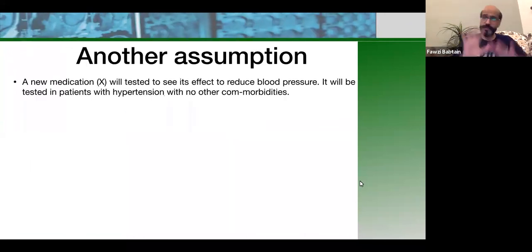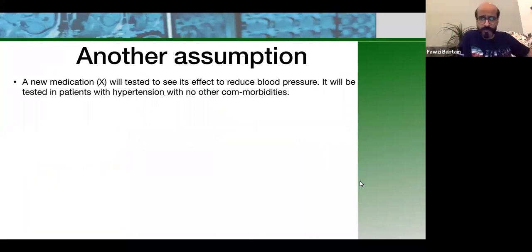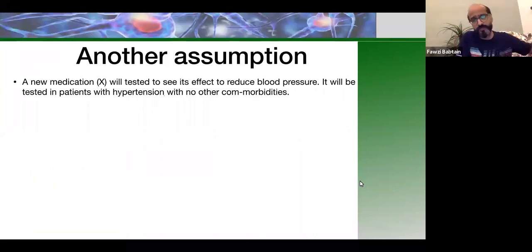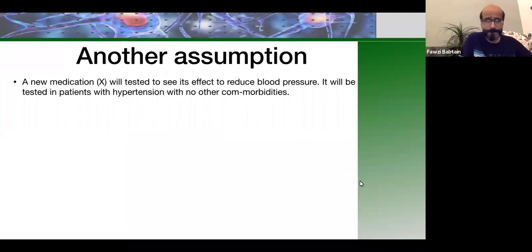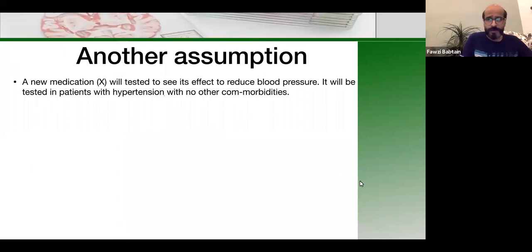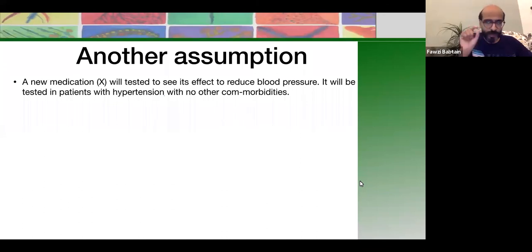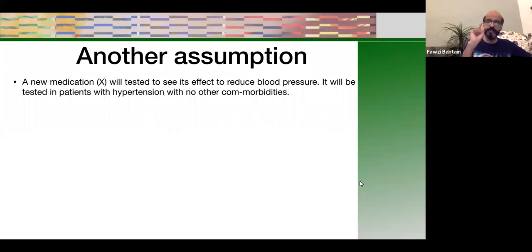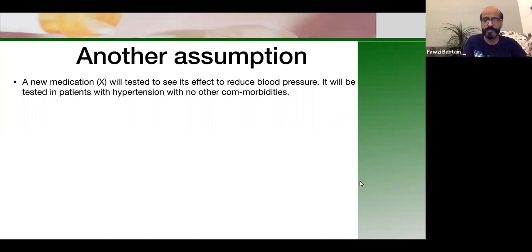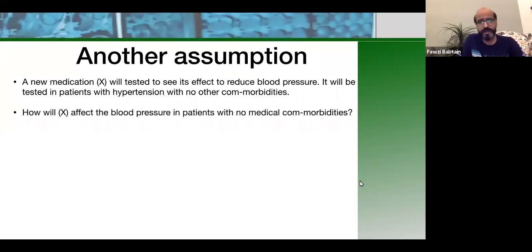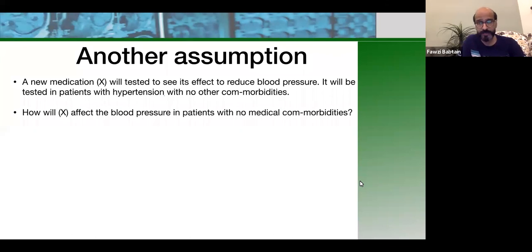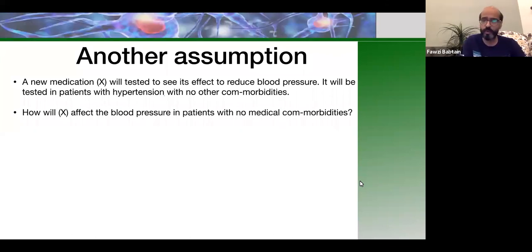Now, a new medication, X medication, you want to test it to see if it will reduce the blood pressure. And it will be tested in patients who had hypertension but no other comorbidities. So now I'm really looking into a very specific group, only hypertensive without any other comorbidities. So my research question is, how will this medication affect the blood pressure in patients who had no medical comorbidities?